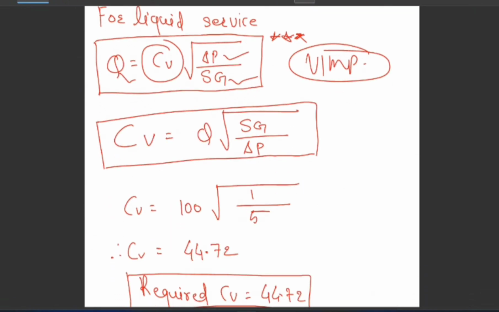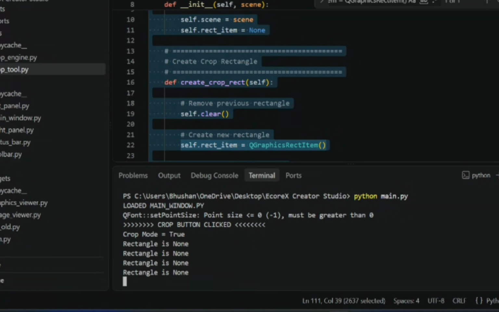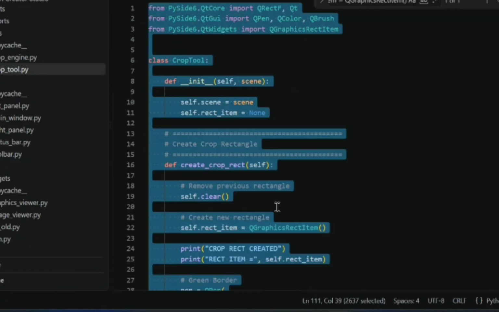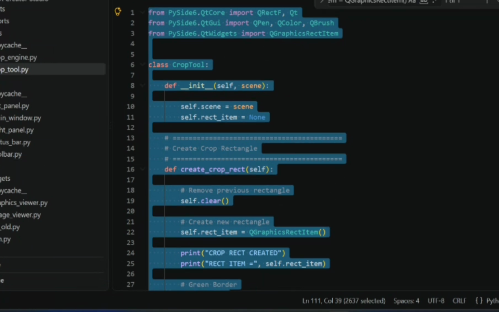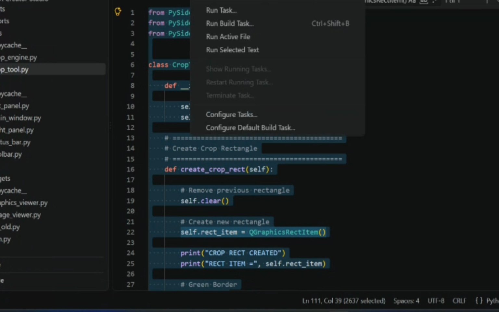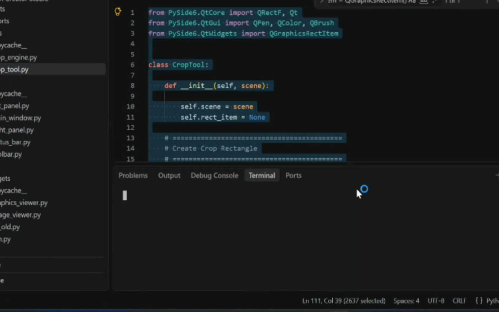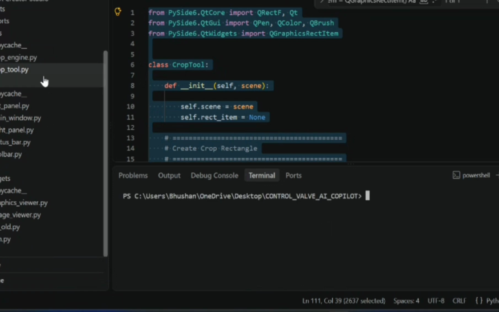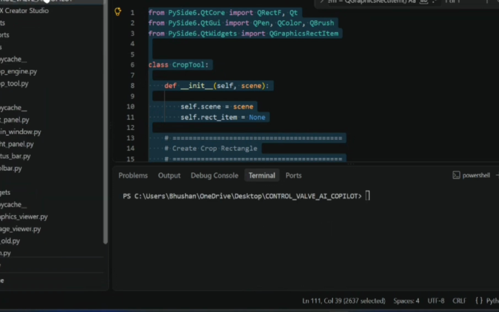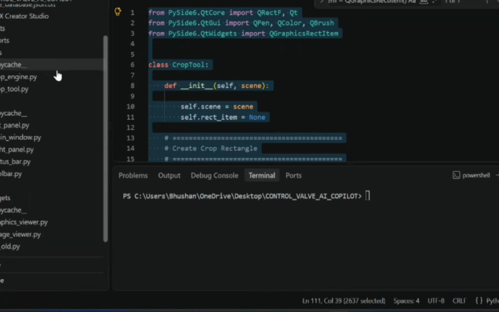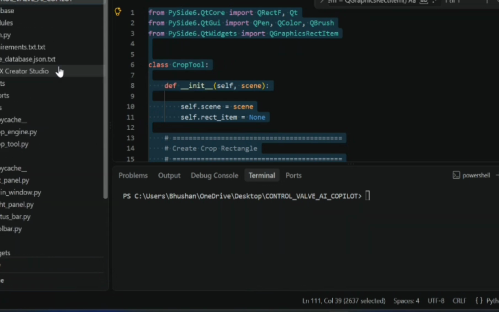Now let's try to solve this problem with the AI. Want to see how to use AI, guys? Yes or no? Am I audible, guys?